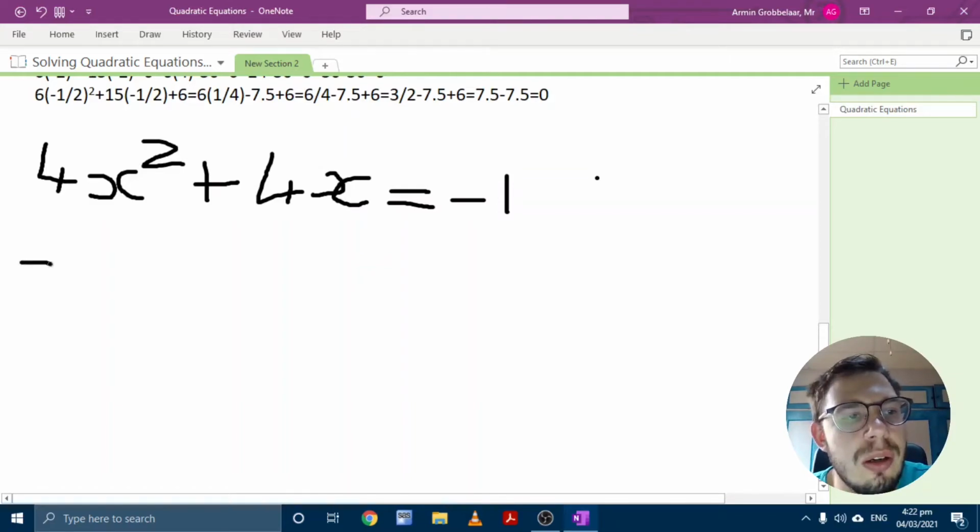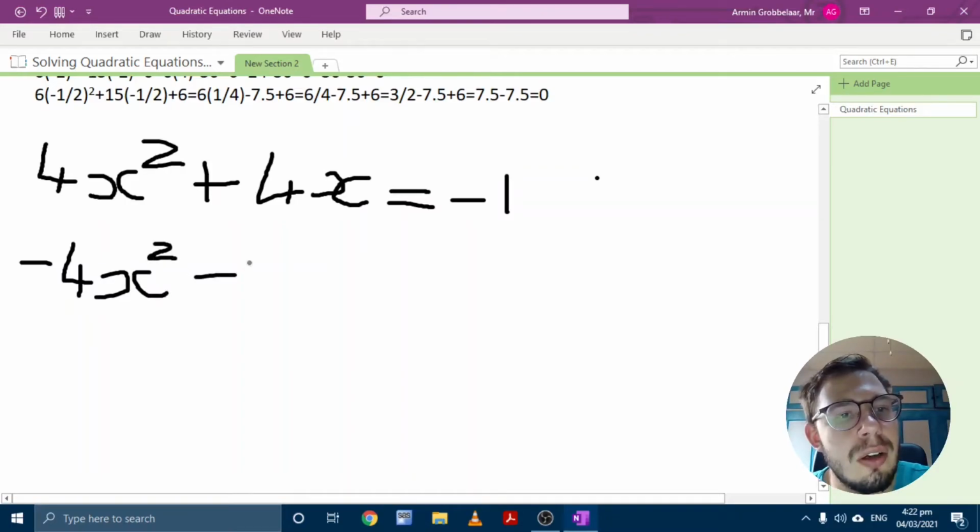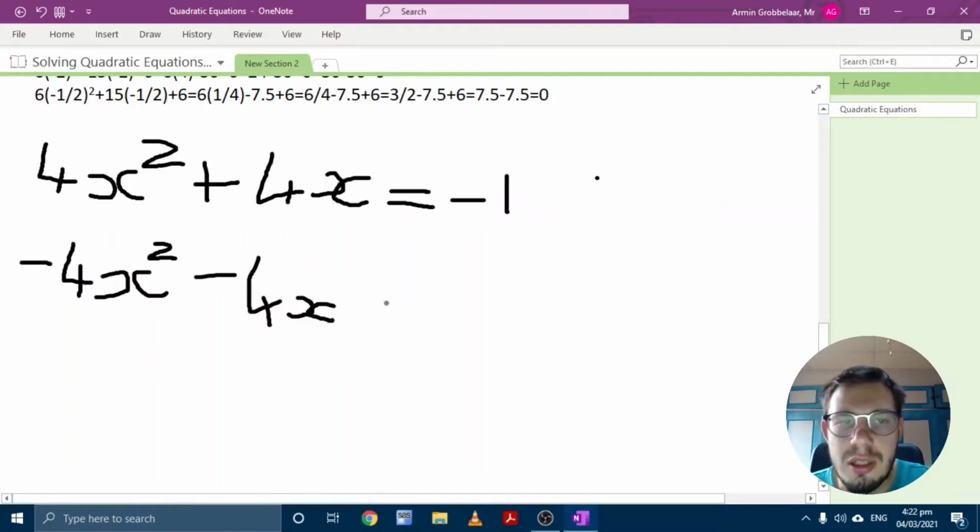4x squared and I'm going to subtract 4x. But because I did it on the left, I also have to do it on the right.